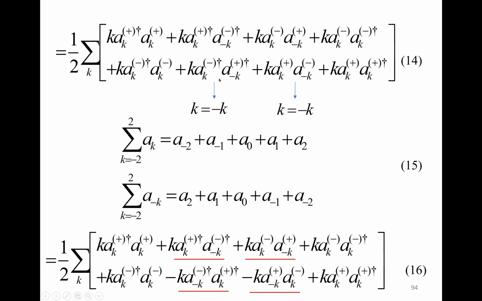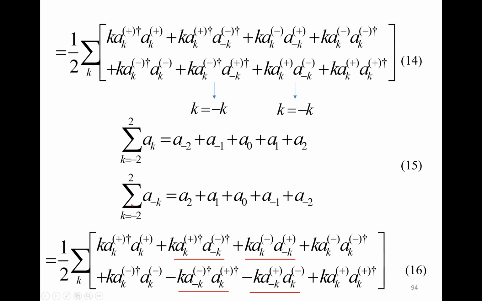So I have used the technique as when you are going to have k equals minus k, just replace this as k equals minus k. Minus k plus k means the momentum of the particle. Minus k means the momentum of the antiparticle, which is moving in the opposite direction. So just to look at, consider equation 5. When summation over k equals minus 2 to plus 2, a_k can be expanded as a_minus2 plus a_minus1 plus a_0 plus a_1 plus a_2.